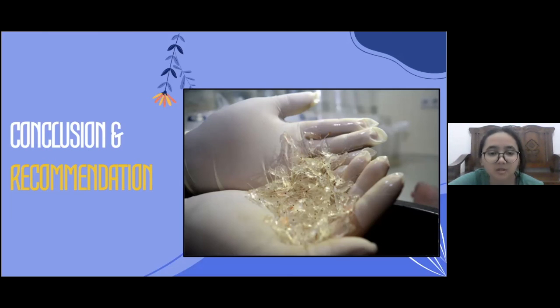The export of lobster seeds must be accompanied by supervision and control of catch quotas. The government must also encourage the price of seeds at the fisherman level to be affordable for cultivators. Another thing that needs to be the focus of attention is how to regulate zoning, both the zone for cultivation and the capture zone.